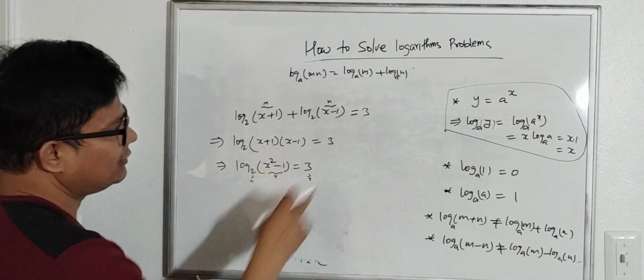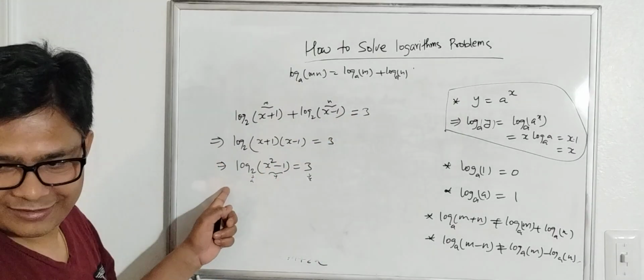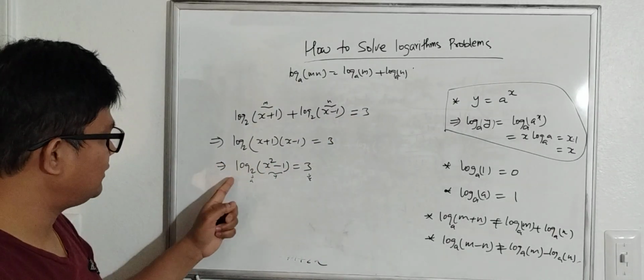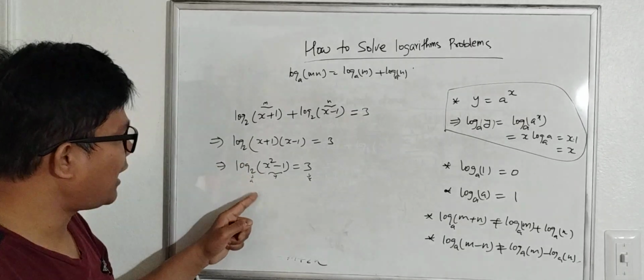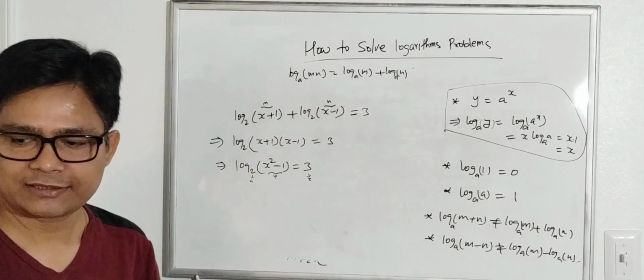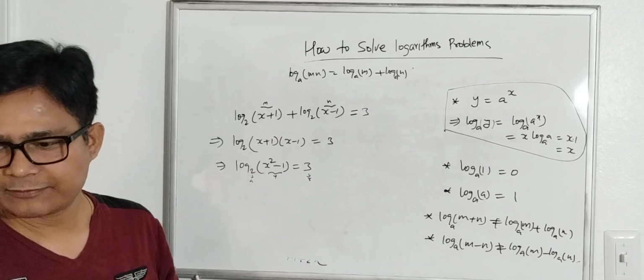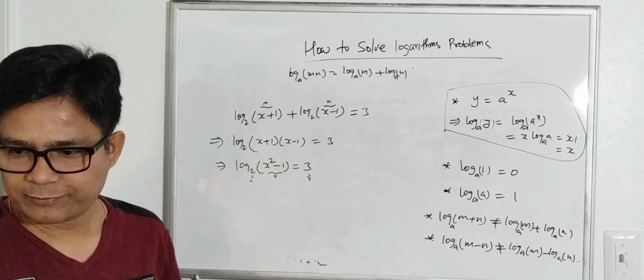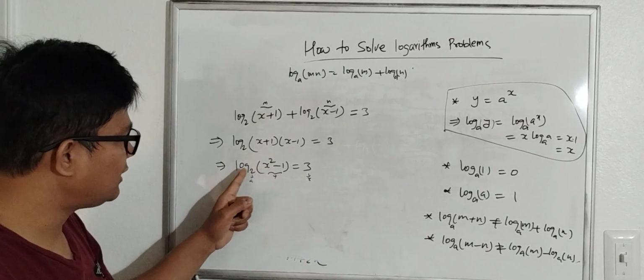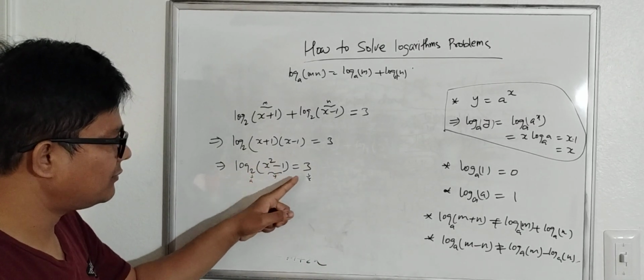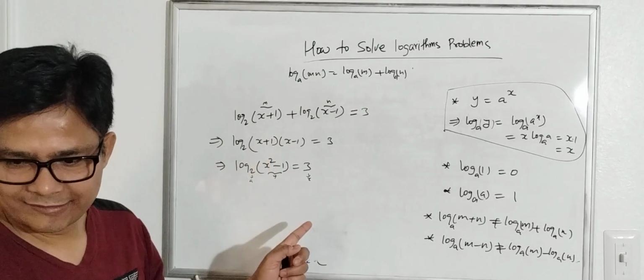Can I convert it into an exponent to remove the log? To solve this one, you have to get rid of the log, so I have to convert log into exponent. As I told you earlier, you can convert exponent to log and log into exponent. I cannot solve this formula directly, but if I remove this log, I know x squared minus 1, and I can do some magic there.